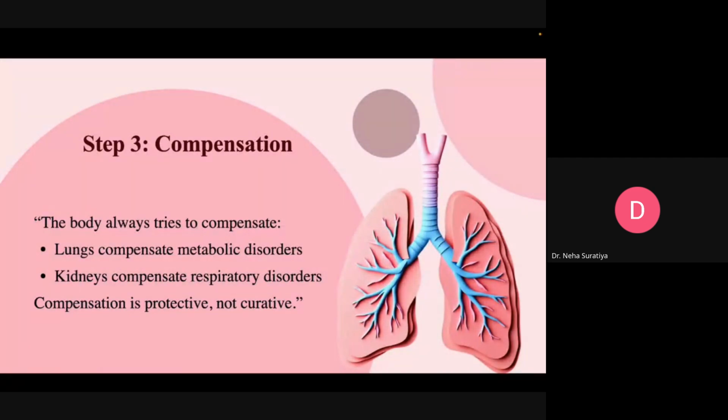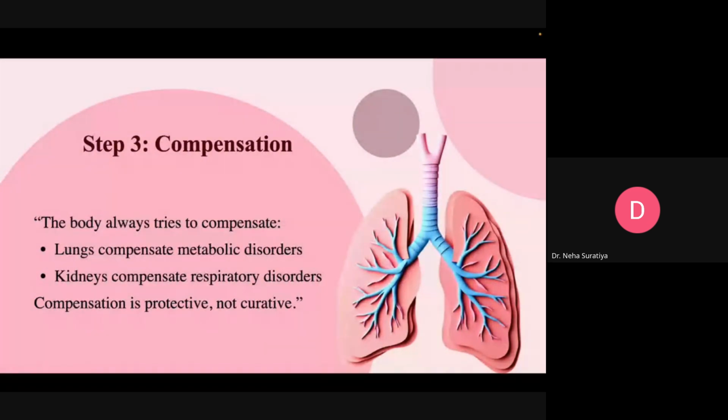Now the lungs will respond to this by breathing faster and deeper, and blowing out more carbon dioxide. This is the compensation mechanism. Why has this happened? Because carbon dioxide forms acid in the blood, right? And there is one very important terminology for this breathing, known as Kussmaul breathing, by the lung for the compensation mechanism.